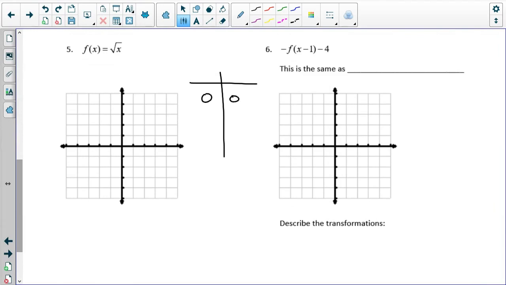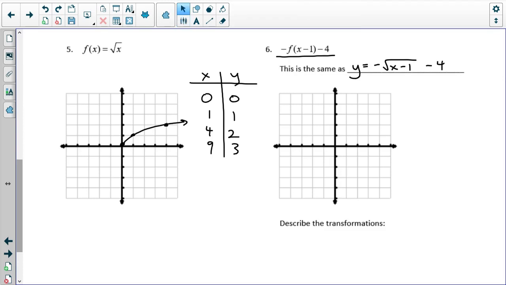Finally, if I graph y equals square root of x, in the interest of time, I'm just going to plot the points. That'll look something like that. This function would be the same as y equals negative square root of x minus 1 minus 4.